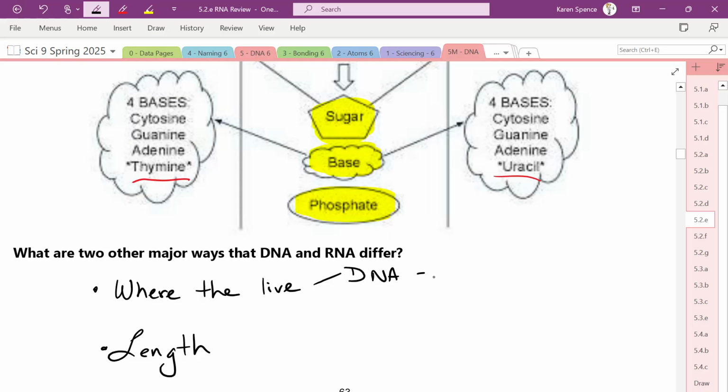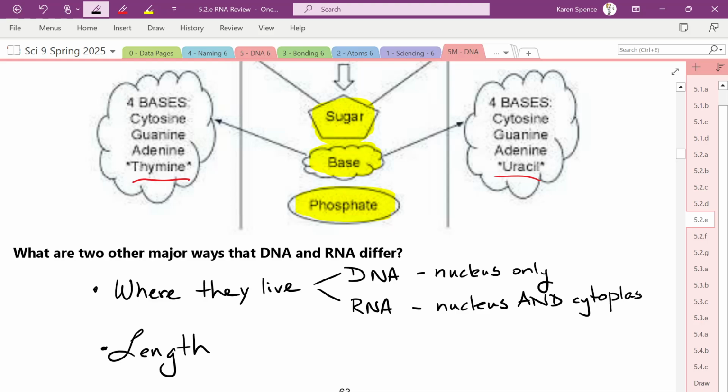DNA lives in the, you all know this, nucleus only. RNA lives in the nucleus and cytoplasm. The length, DNA is long, RNA is short.